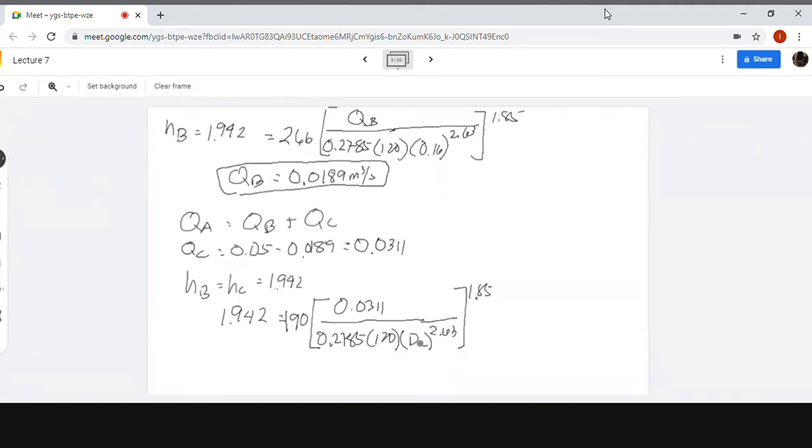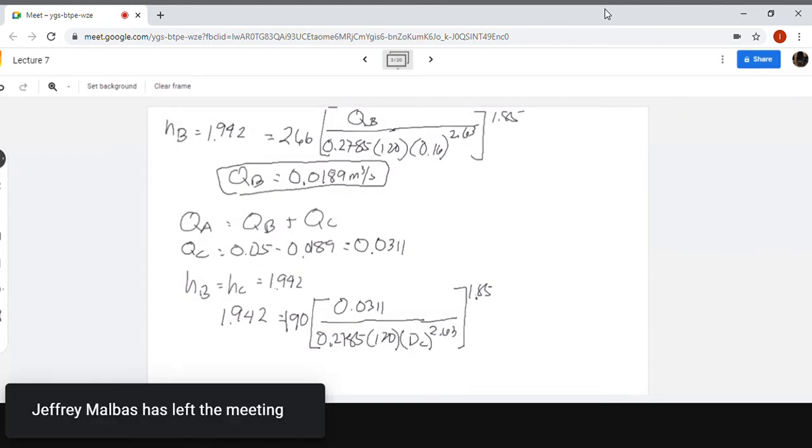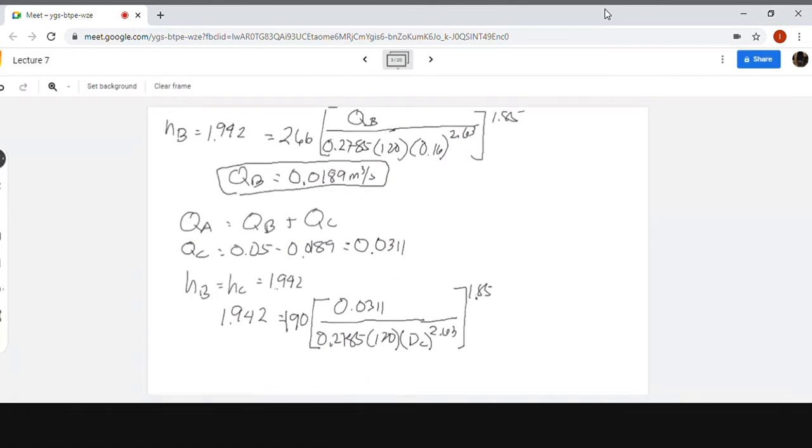Okay, so one equation in terms of the diameter at C. You can use the formula in the book for the Hazen-Williams. So the diameter at C.